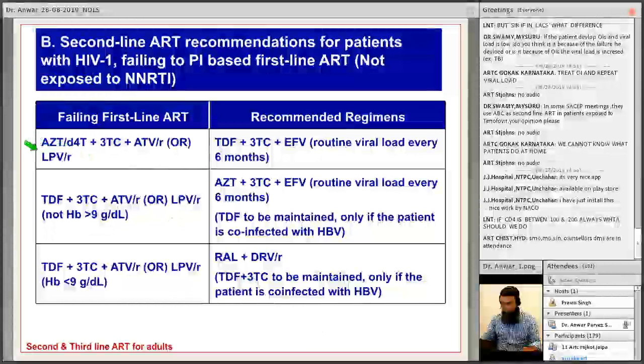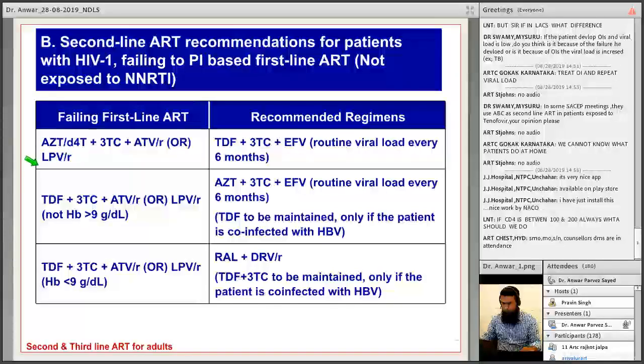Similarly, if you are using lopinavir, ritonavir in the first line, which we give in pediatric patients these days, or HIV2 you give. HIV2 we'll talk about in the next slide. But if you use lopinavir, ritonavir in the first line because of drug toxicity or something, you may use efavirenz in the second line also for this patient. TLE is an option for these patients.